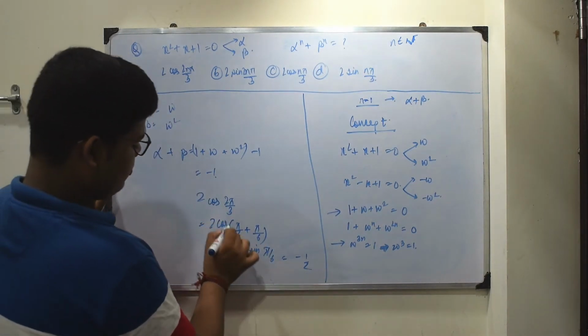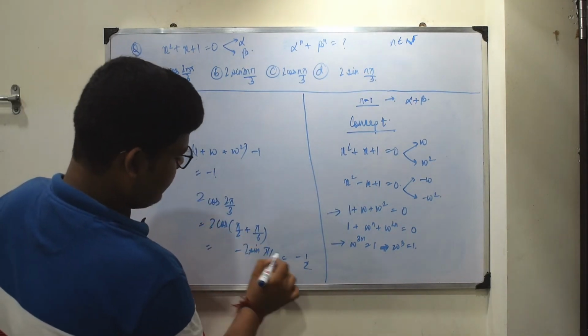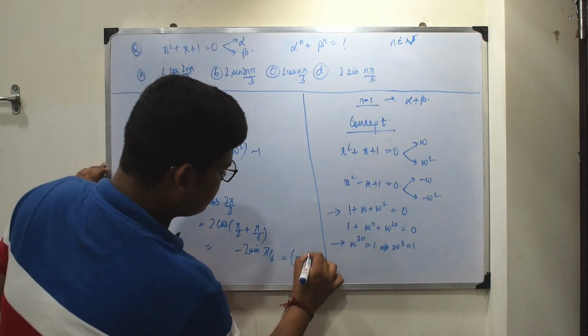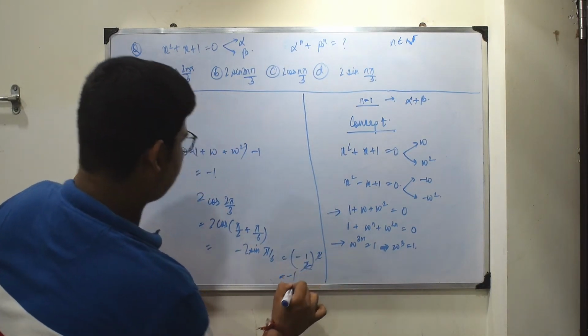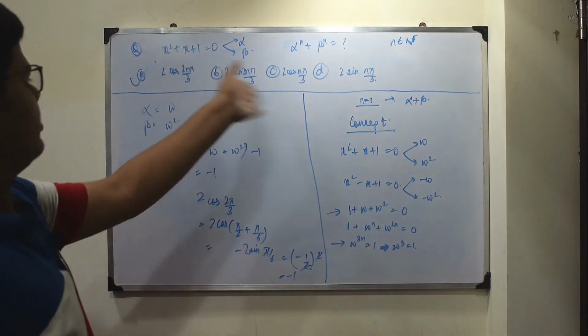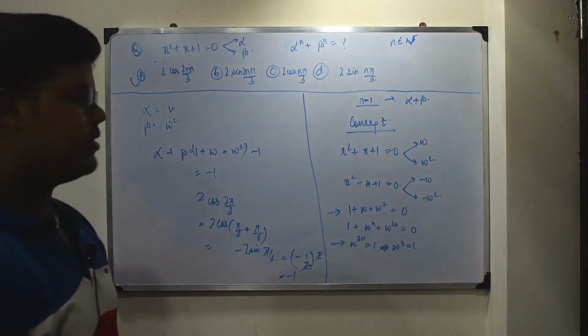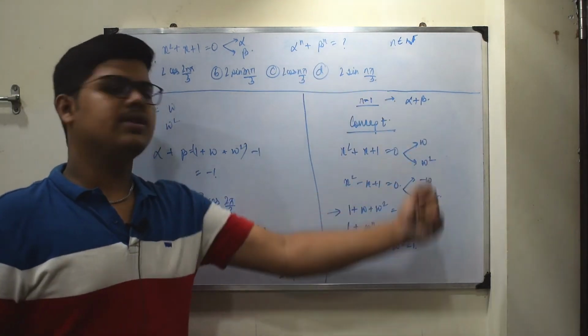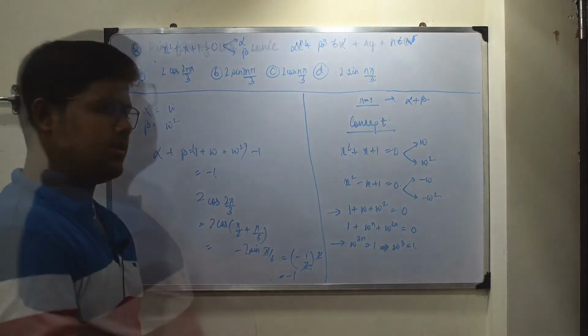So 2 i's, and here also it's 2 i's. So we are getting a minus 1 over here. So first option is the answer. Single correct question, no other options can be correct. So this is the answer. I hope everybody got this concept, and let's go to the next question.